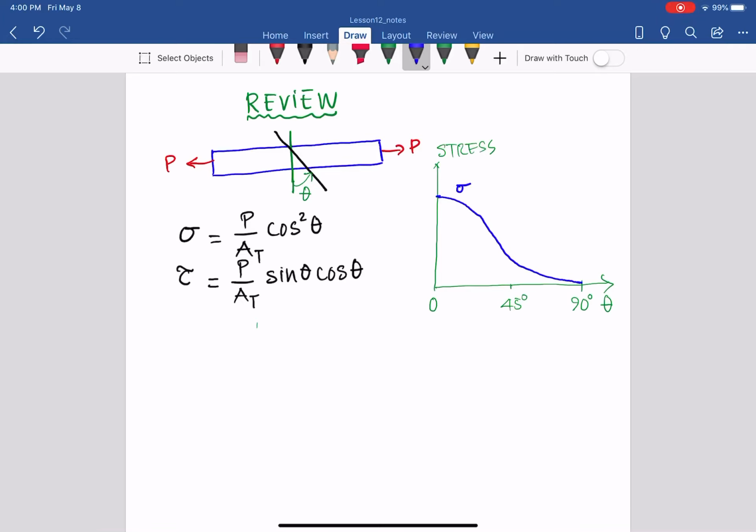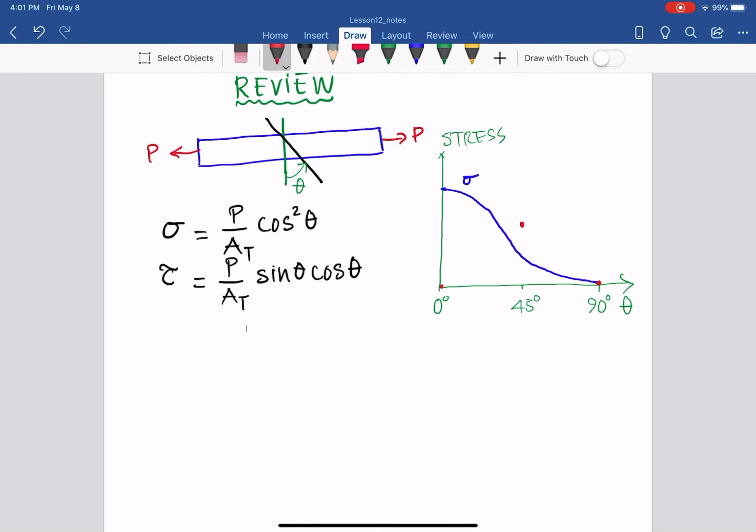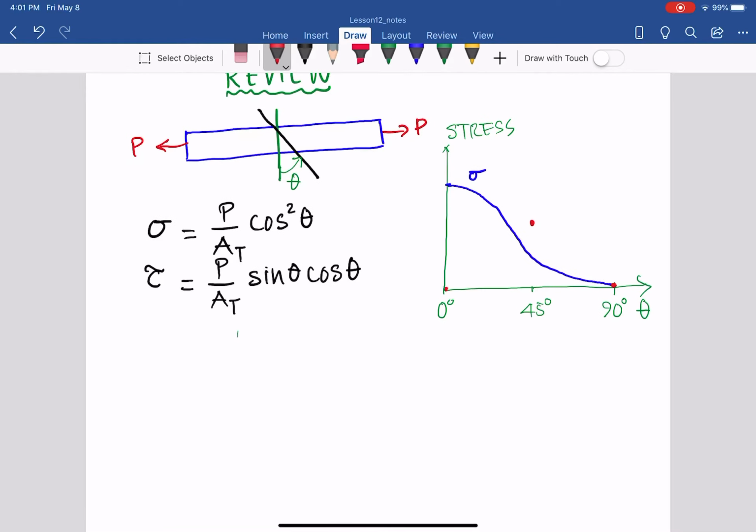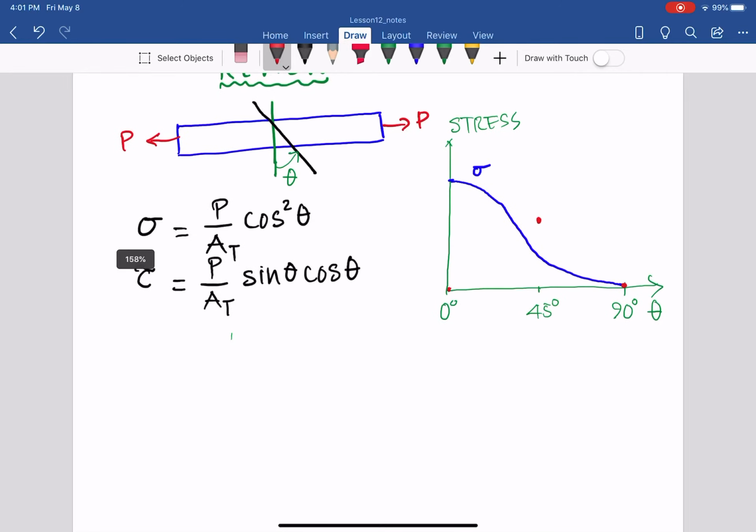And for tau, it will be 0 at the angle theta of 0 degrees, and it is also 0 at 90 degrees, and gets maximum at 45 degrees, and it is exactly half of the sigma at 45 degrees. Why half? As you can see, if theta equals 0, then cosine theta equals 1, so you have sigma equal to P over AT, right?